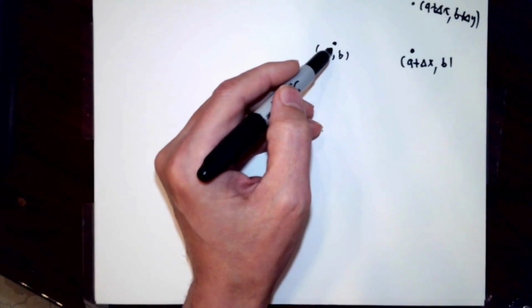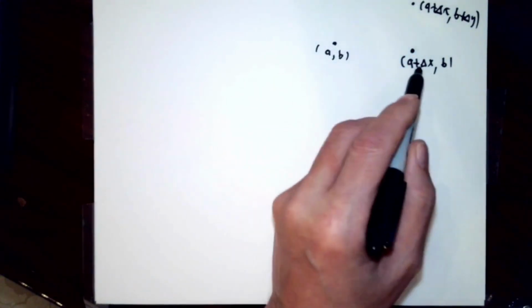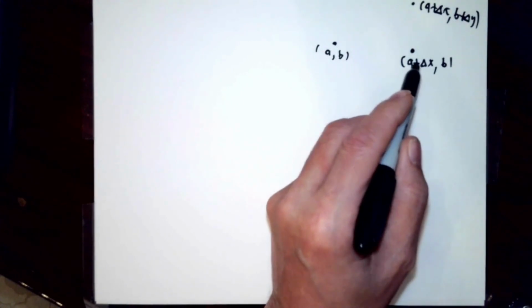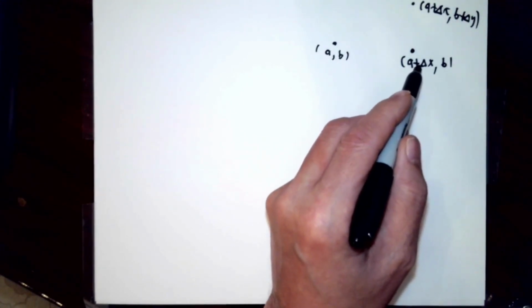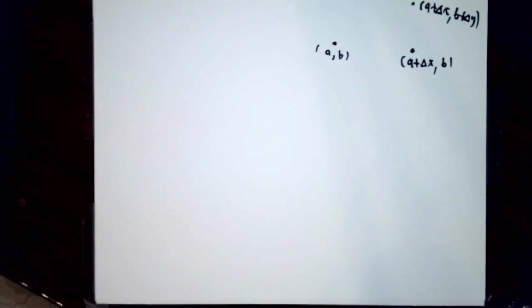I'm going to think of moving from the point AB to the point a plus delta x, b plus delta y in two steps. Firstly, I'll change only the x variable, and after I figure out what's going on here, I'll change the y variable. In this way, I can use ordinary one-variable calculus and everything that I know about it.